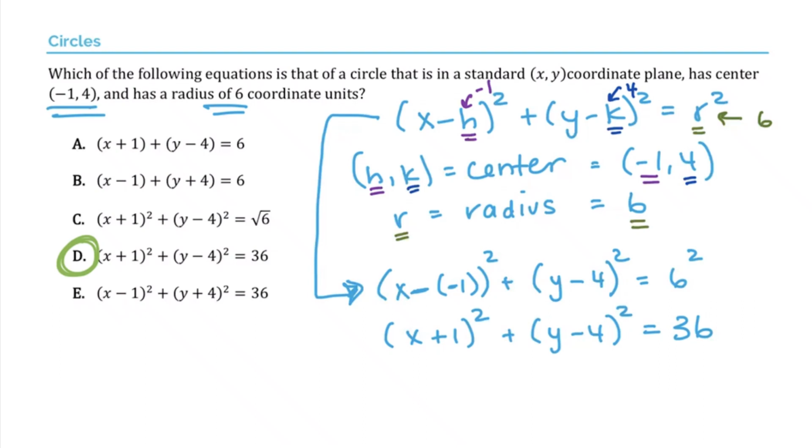But again, if you look at answer choice E, the signs are different. Instead of x plus 1, it's x minus 1. Instead of y minus 4, it's y plus 4. That's deliberate. That's there to trap students who don't know what to do with minusing inside and what to do with minus of a negative.